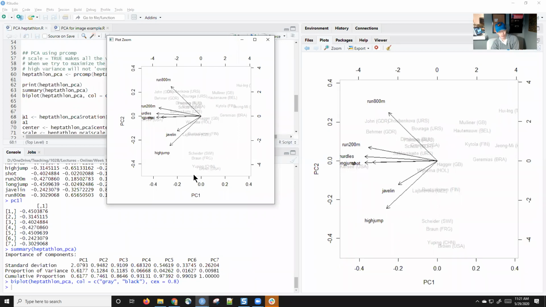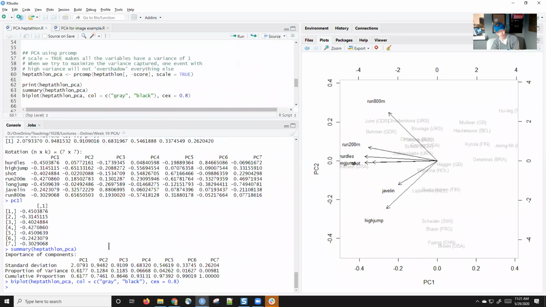And basically what this is saying is that, look at these two people, Yuping and Brown, they're very far on this side, okay? Very far on this side means their high jump was either very high or their 800-meter run was very low, okay?